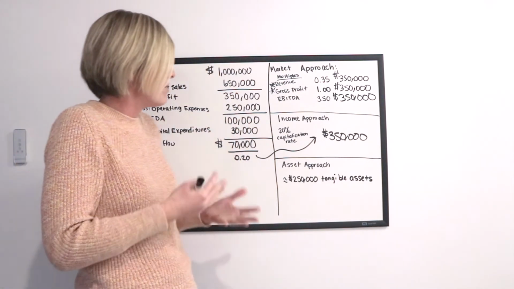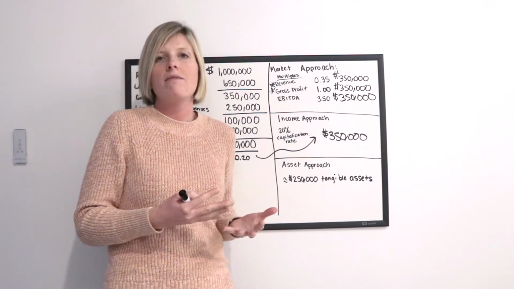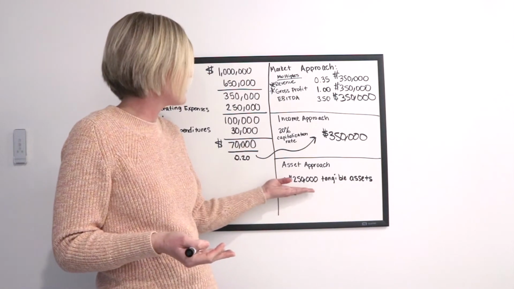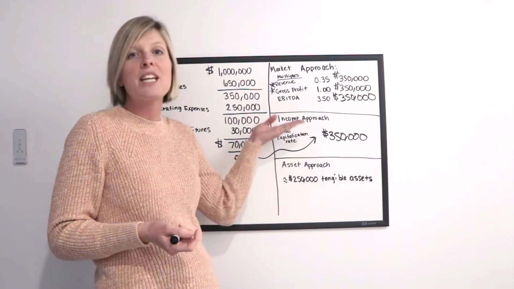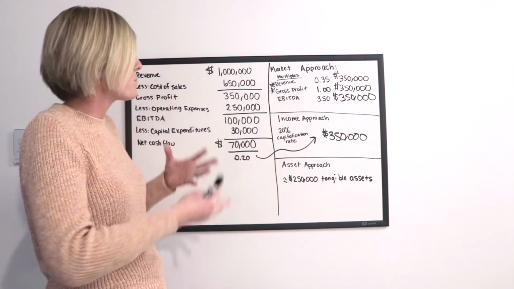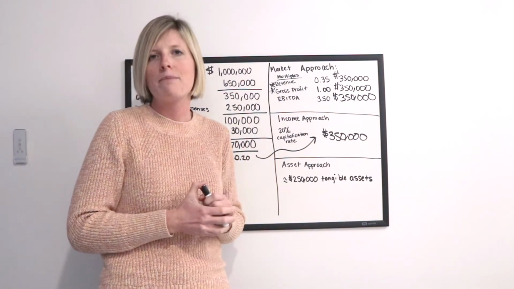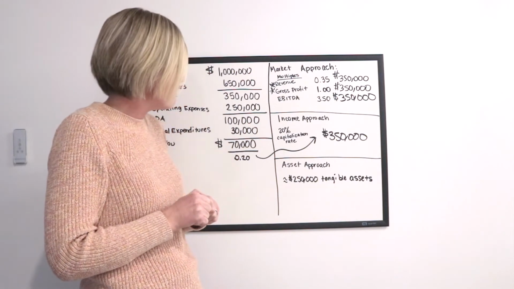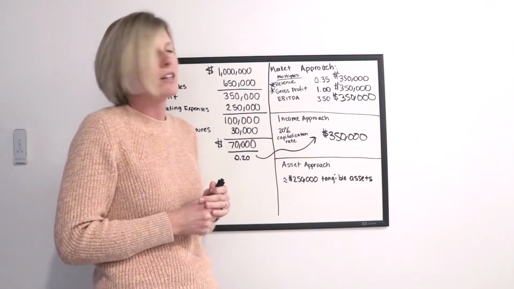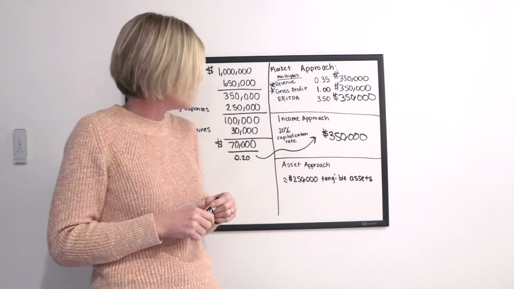But the approaches that the property appraisers are going to use to value these tangible assets are going to be the income approach and the market approach. So we're really all using the same techniques here, and everything is really building on those same blocks.